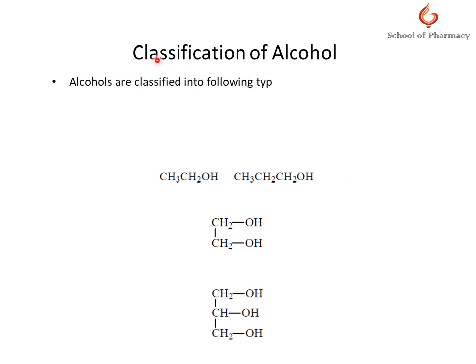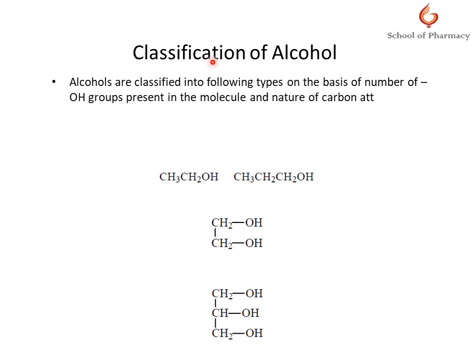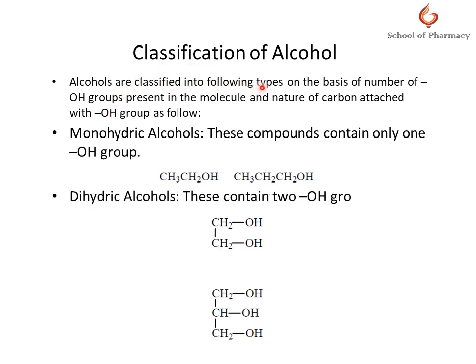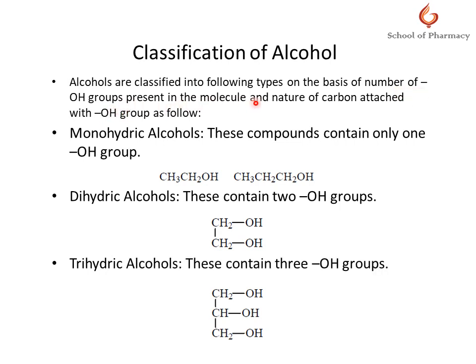Now, classification of alcohols. The same way as alkyl halides are classified, alcohols are also classified into monohydric, dihydric and trihydric alcohols, on the basis of the number of OH groups present in the molecule and the nature of the carbon attached to the OH group.